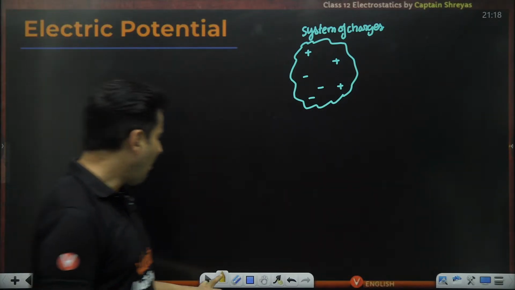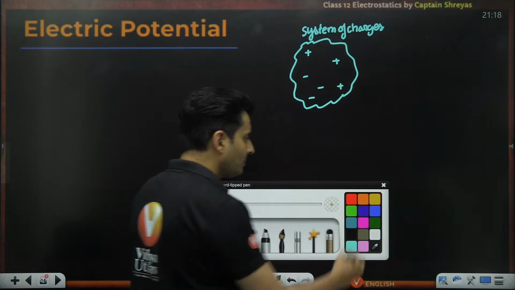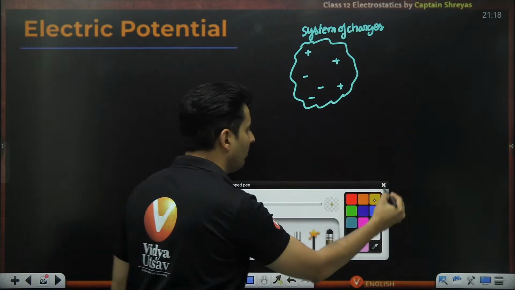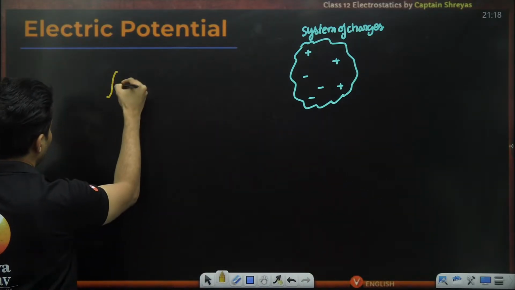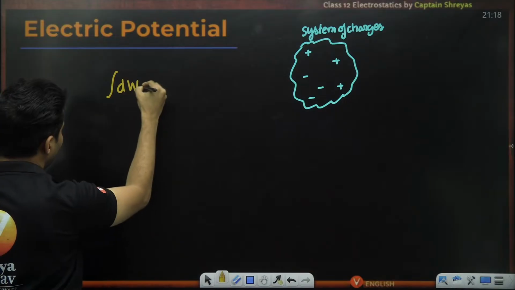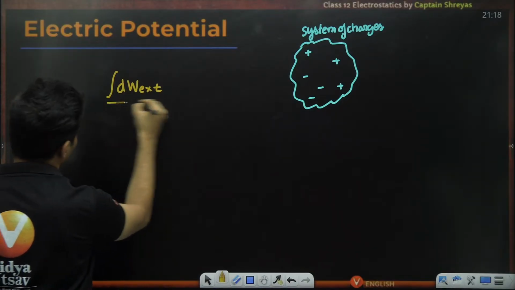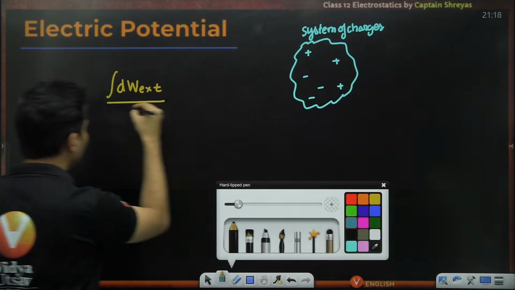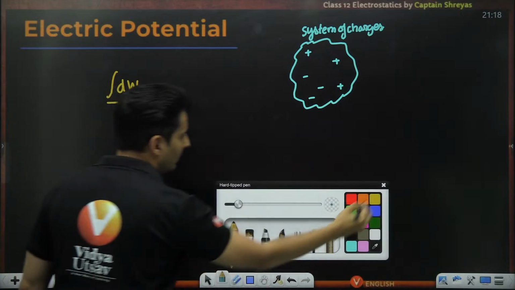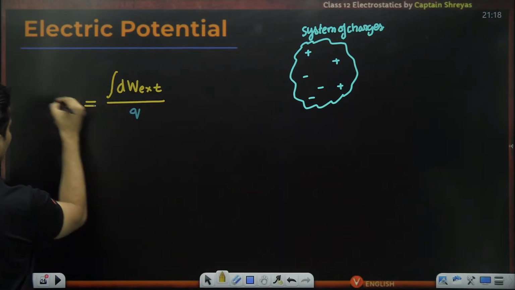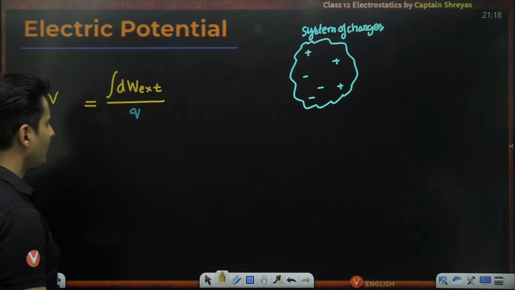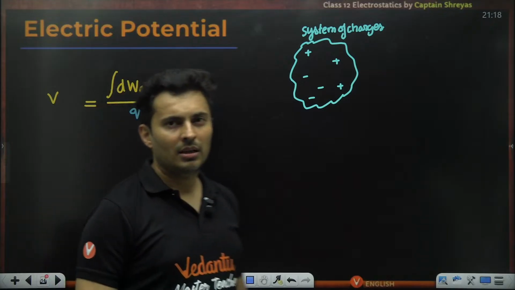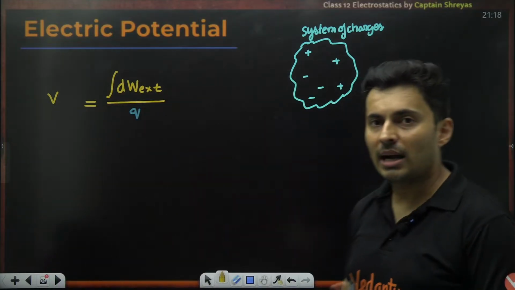Now think about it. If I go from infinity to that point and I measure the work done by that external force per unit charge, then the thing which I get is the potential. But imagine I don't come from infinity.